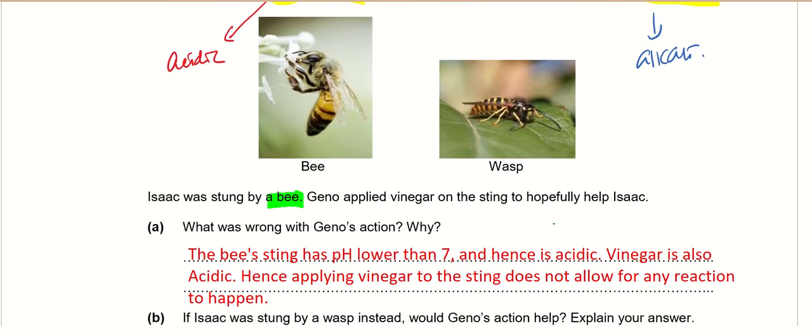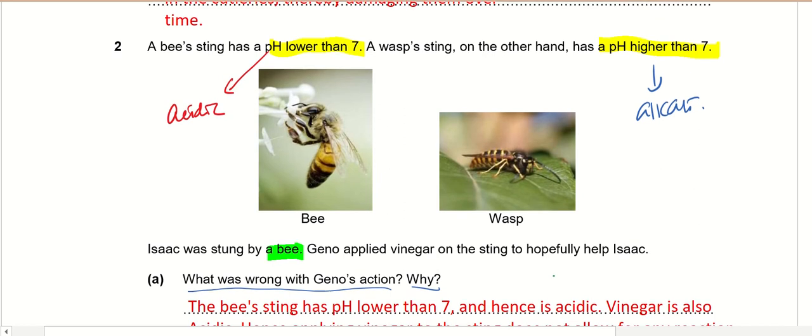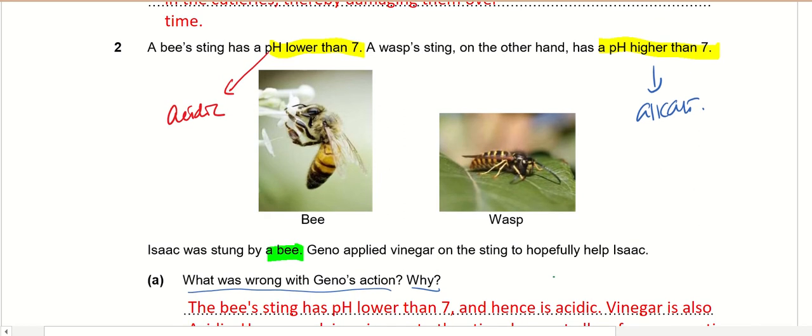So this type of question, as you can tell, is 2 marks: 1 mark for what is wrong and 1 mark for the explanation. If we look at the bee sting, it has a pH of less than 7, which is acidic, and we do know also, from the lessons and probably from your experience, that vinegar itself is also acidic.